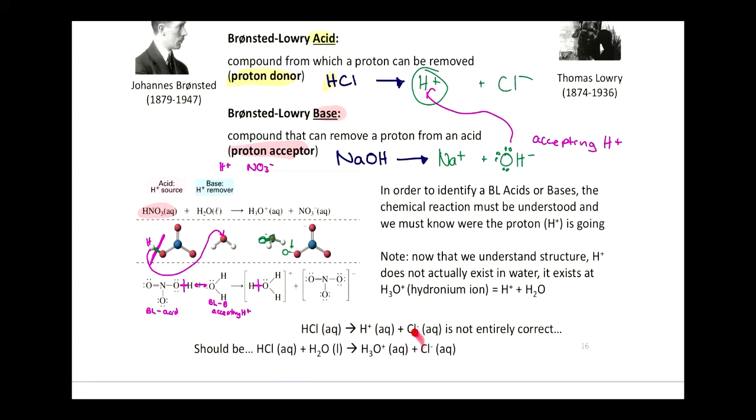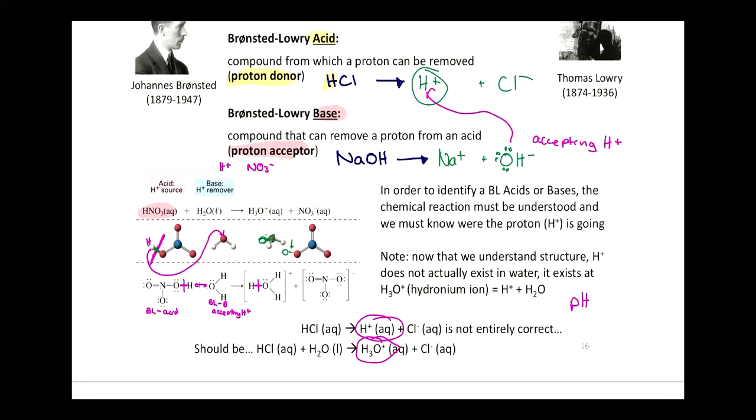So again, when we write that HCl breaks up into H plus and Cl minus, it's not entirely correct. We actually need to add a water molecule there, but we like to be lazy. So when I write H plus, it actually means H3O plus. Technically, when we calculate pH, that's not correct either.